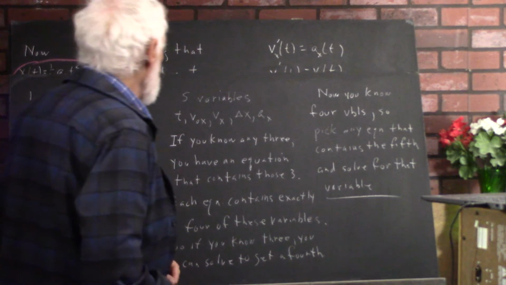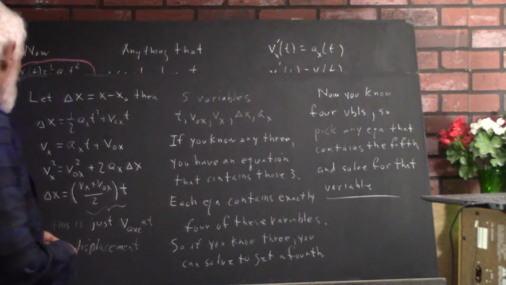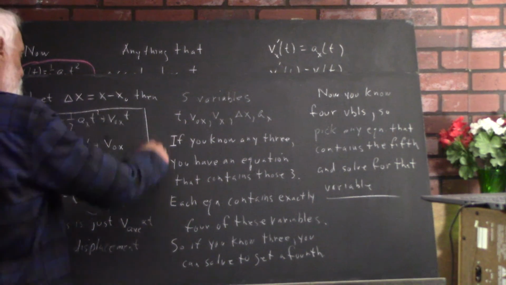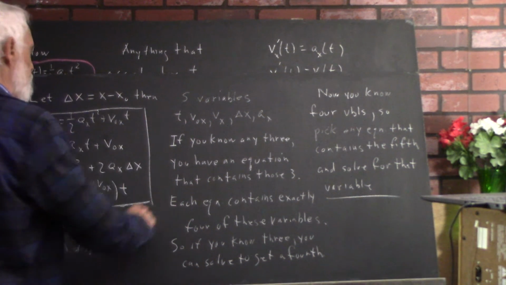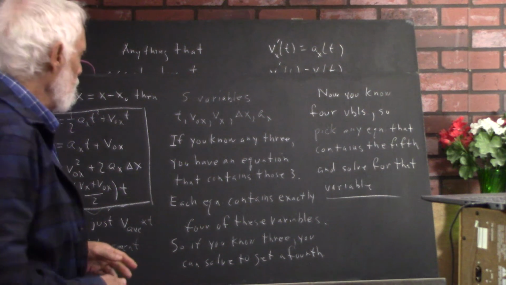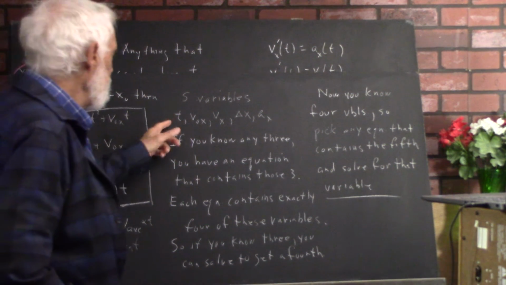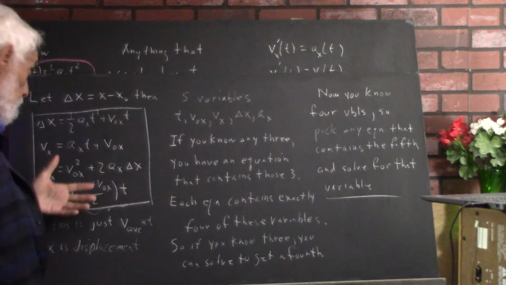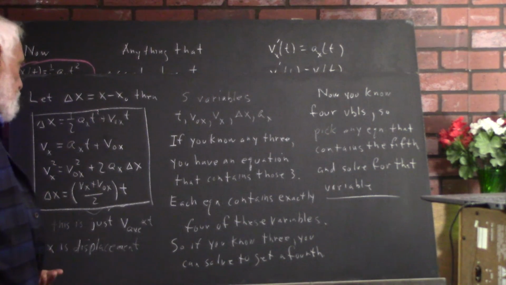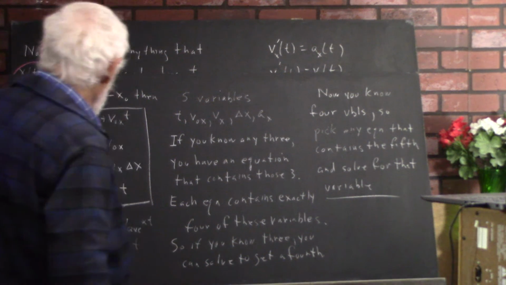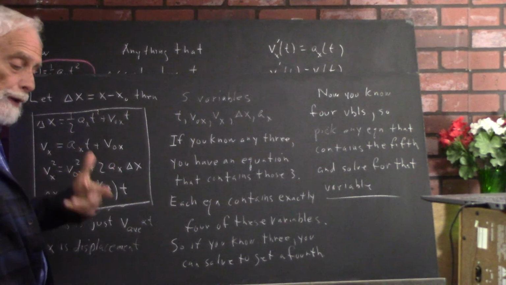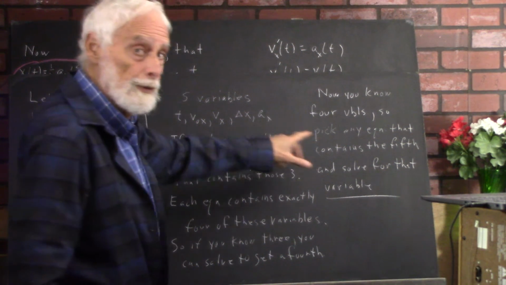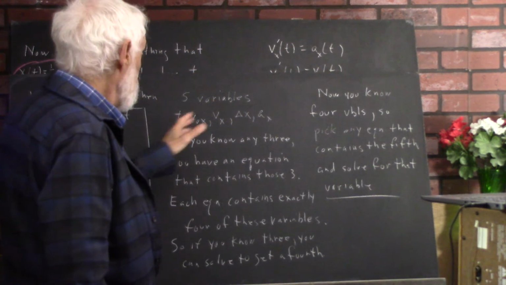Well, this gives us 4 equations with 5 variables: t, v naught x, vx, delta x, and ax. That's all you see in these equations. The way the equations are arranged, if you know any three of these, and you can check this out, and you should, pick any three.